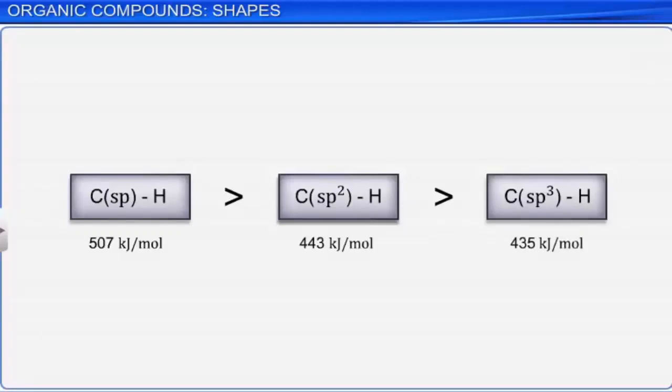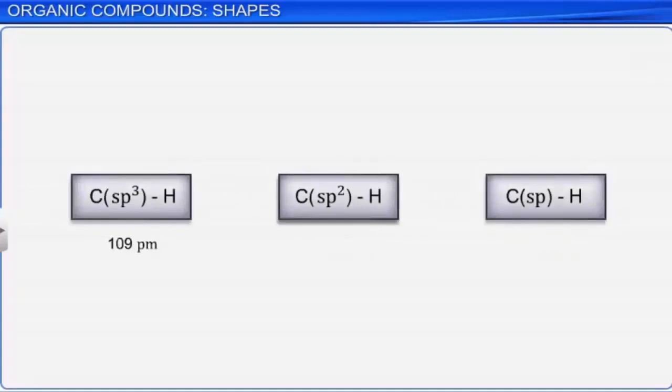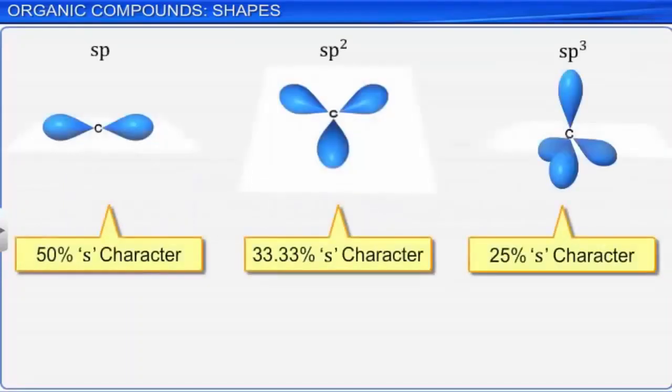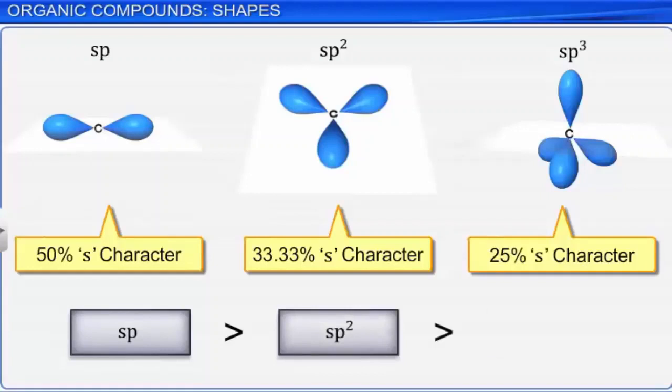And the bond length of sp3 hybrid orbital is greater than sp2 followed by sp as shown here. Thus, the greater the s character, the greater is the electronegativity. Sp is more electronegative, followed by sp2 and sp3.